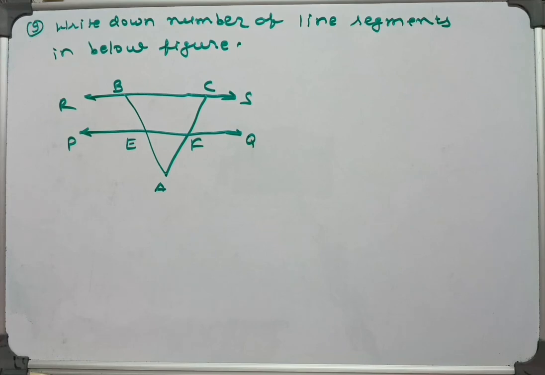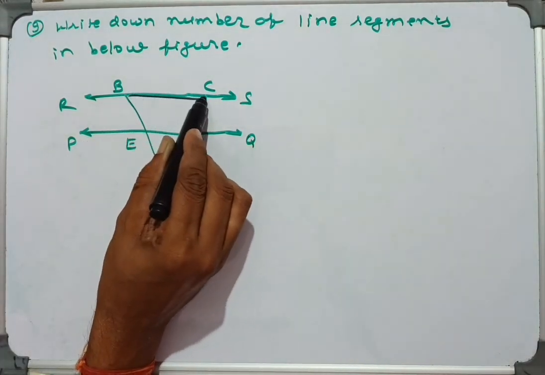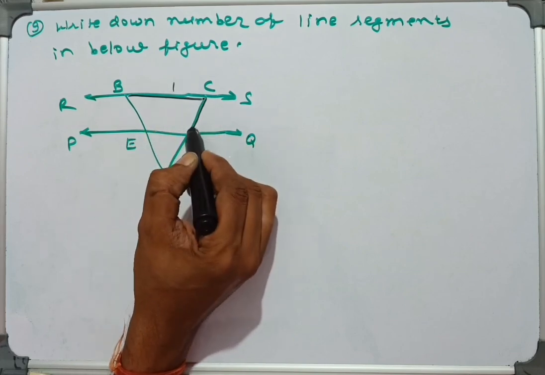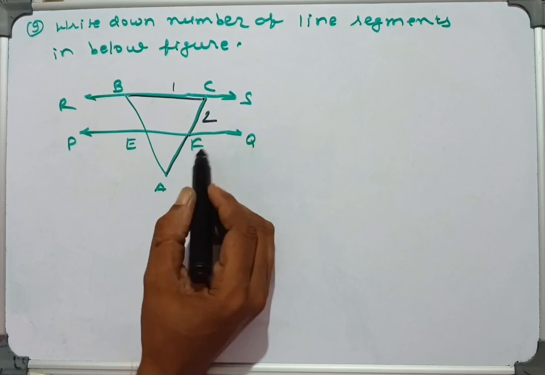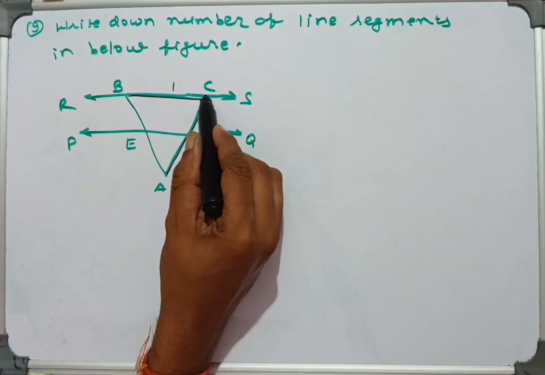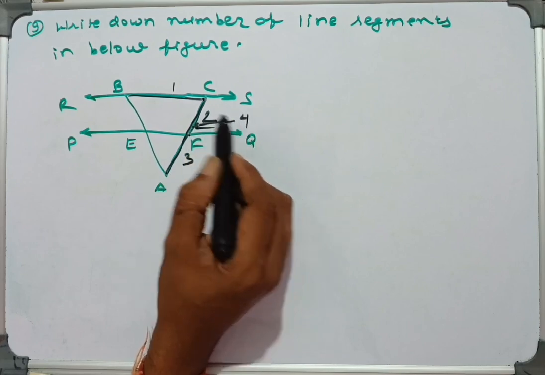So we count the line segments in this figure one by one and color them black. So BC is a line segment, first one, CF is a line segment, second one, FA is a line segment, third one, and this CA is also a line segment, this one is the fourth one.